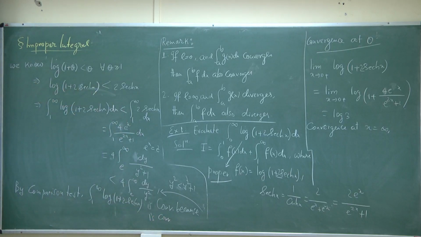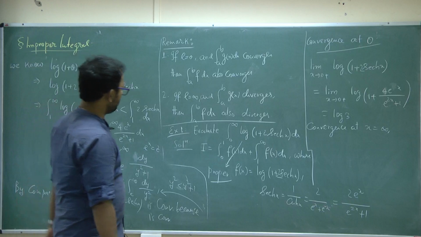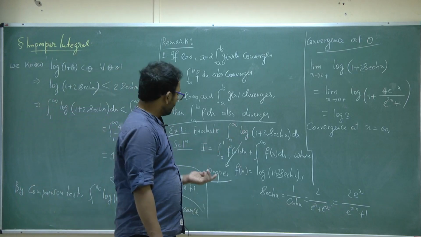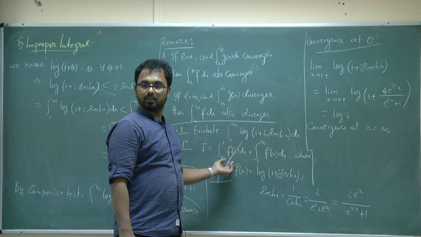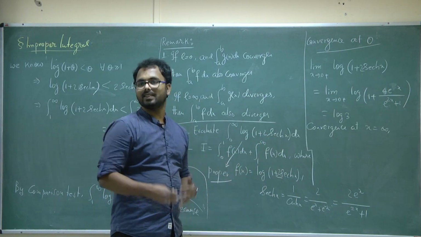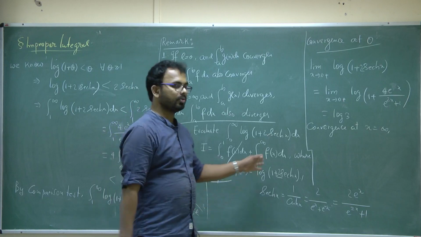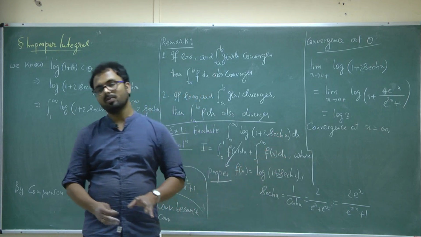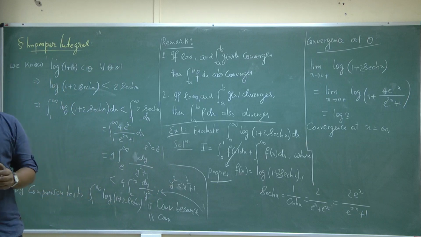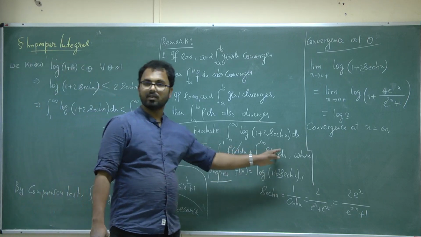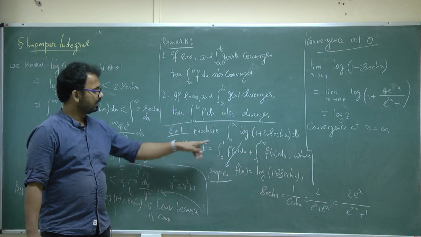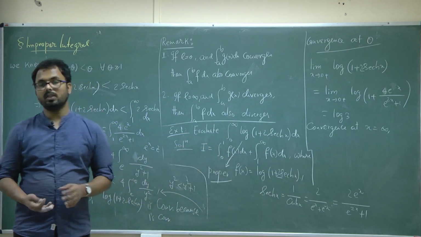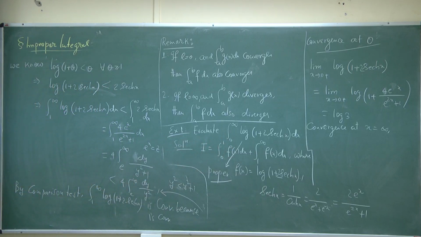And since we have divided the given range of integration 0 to infinity between 0 to 1 and 1 to infinity, and we managed to show that it is a proper integral between 0 to 1, that means it is a convergent integral, and we also showed that between 1 to infinity it is also convergent. So therefore, both the sub integrals are convergent, and we can say that the given integral originally, this one, is also convergent.